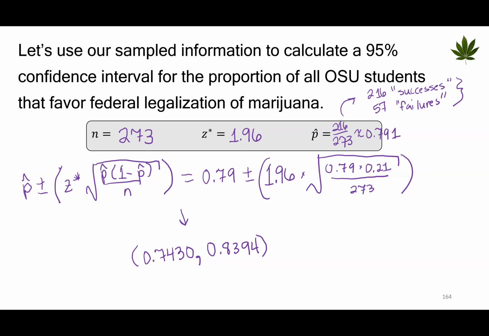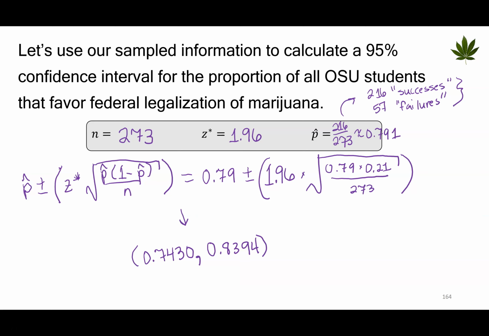So things to note, these are proportions, so we do not have units. And not only that, if the value on the lower end goes below 0, you should cut it off at 0. You cannot have negative proportions, single proportions. If the value at the top goes higher than 1, you should cut it off at 1, because a single proportion can't go higher than 1.